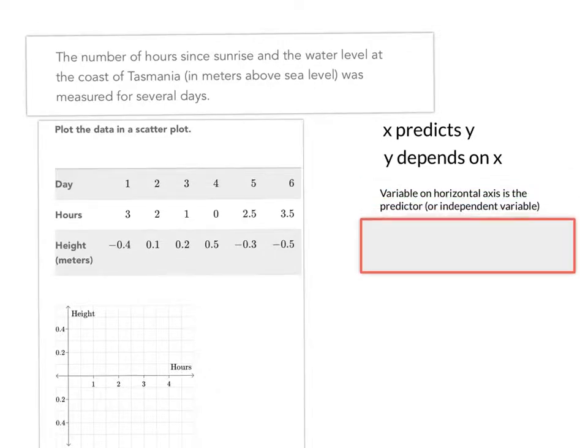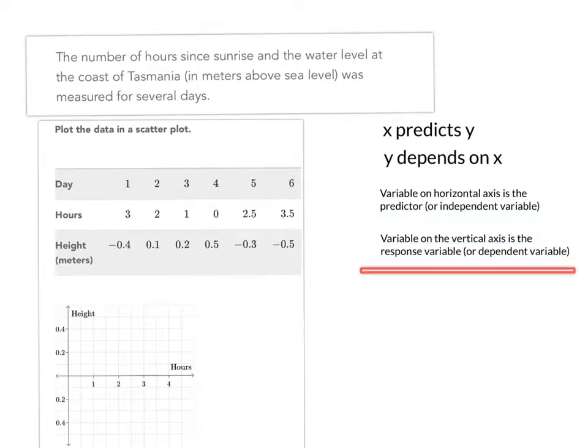So again, I would just like to say that the variable on the horizontal axis is called the predictor and is the independent variable. And the variable on the vertical axis is the response variable or the dependent variable. Okay? So let's take a minute and let's plot this information. First of all, in this particular case, the number of days is great information. However, it doesn't need to be plotted on this graph.